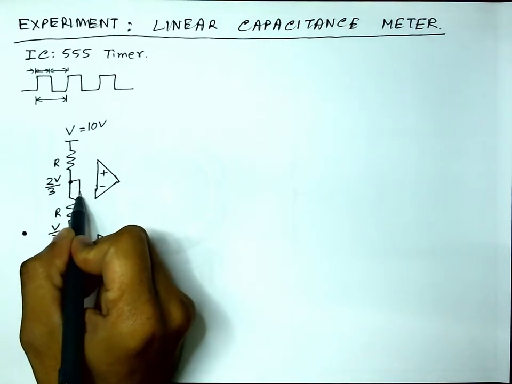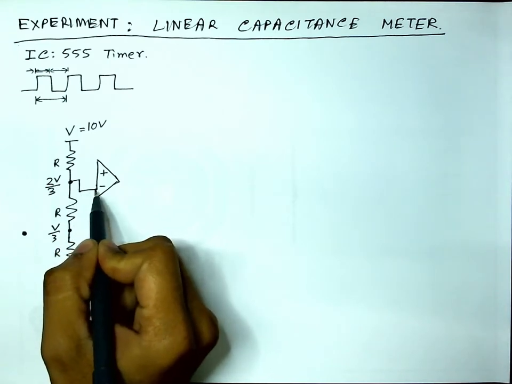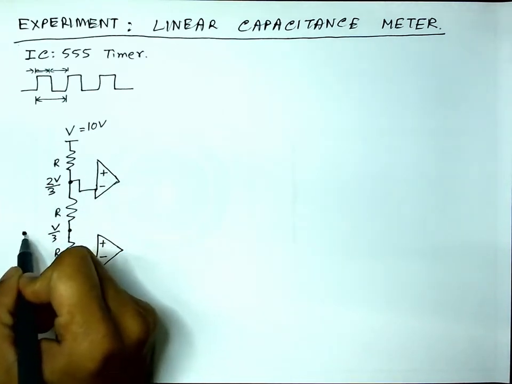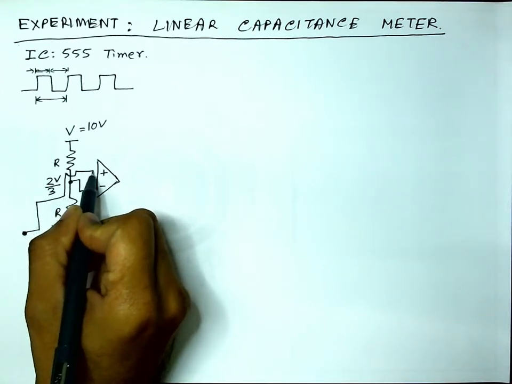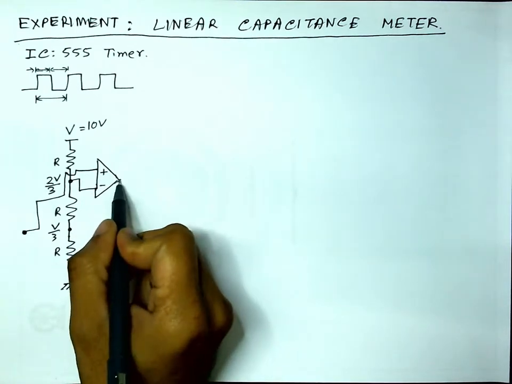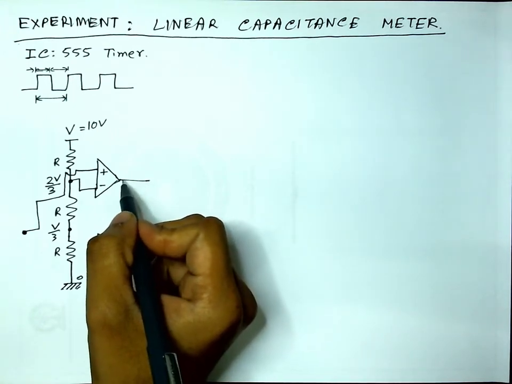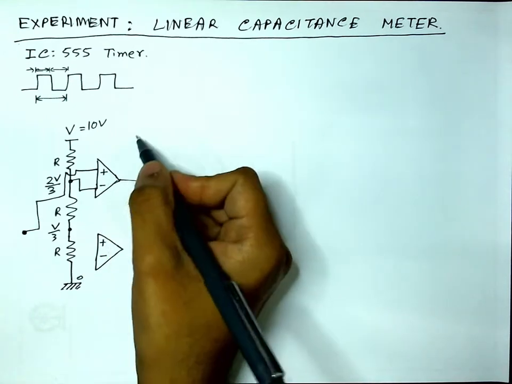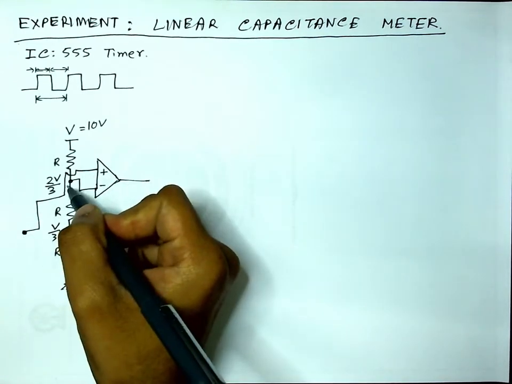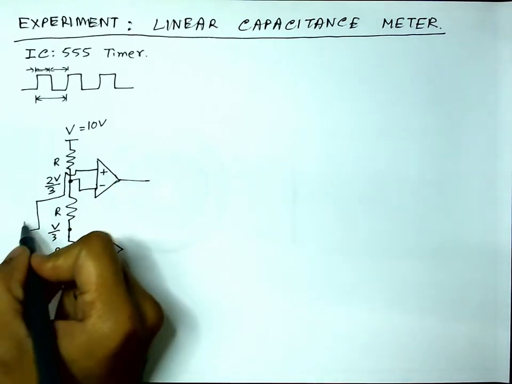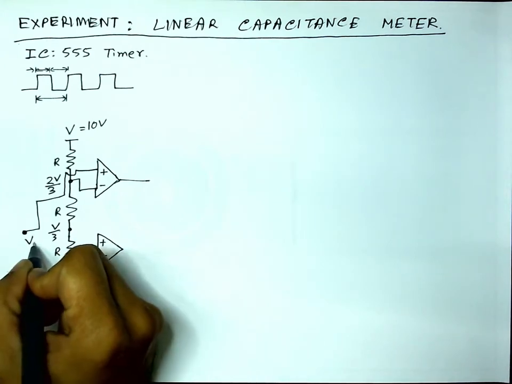Therefore, I will connect this reference, this 2/3 reference point, to the minus terminal, and from here I will connect it like this. So the output of this op-amp will be 1, or logical 1, or in other words, it will be positive when this voltage is greater than 2/3 of V. Call this P1 maybe.